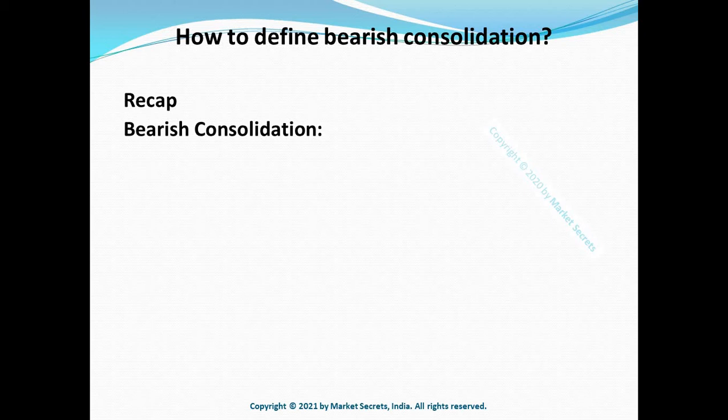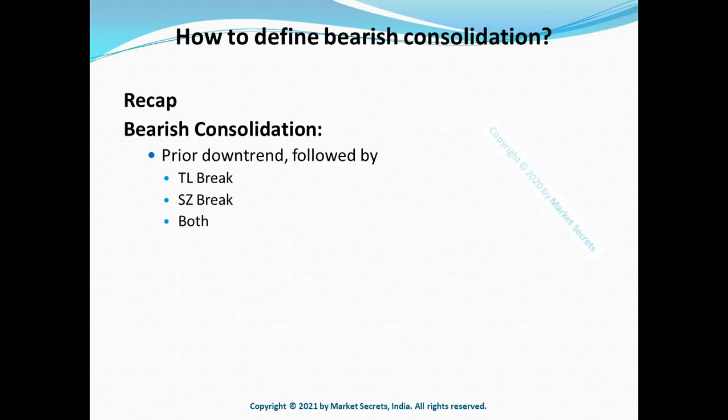A bearish consolidation happens when the price was in a downtrend, and after that, either a descending downtrend line is broken by one full candle and it is fully above the trend line, or a valid supply zone, irrespective of whether it was a supply zone created by a CP or a peak, is broken, or when both of these happen.